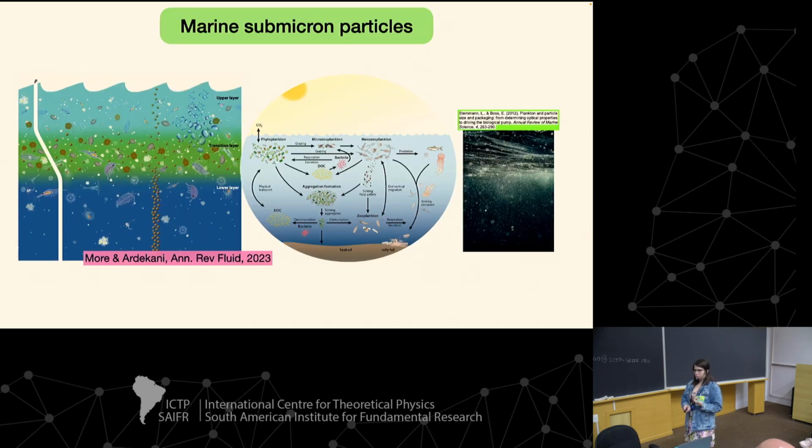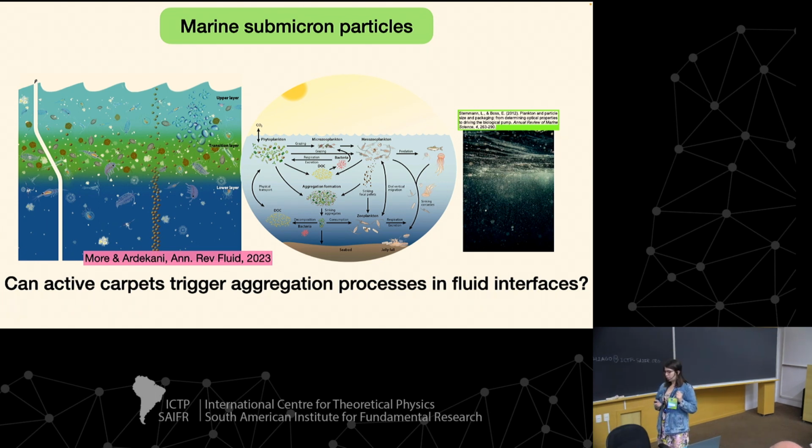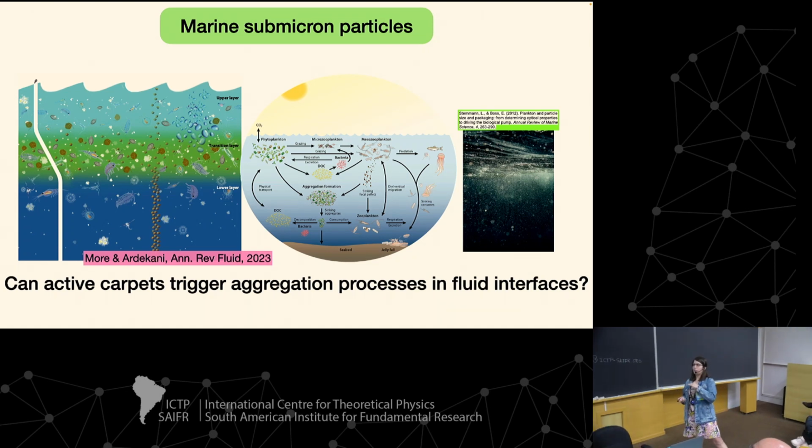Okay, so now we are considering what happens when we have a floating film of microorganisms. What happens when we no longer have a solid boundary, but a fluid interface? Fluid interfaces are important in marine environments, where you can have density gradients or viscosity gradients.